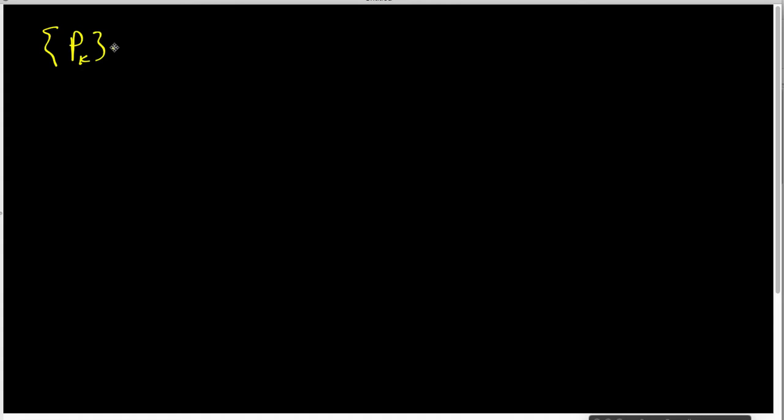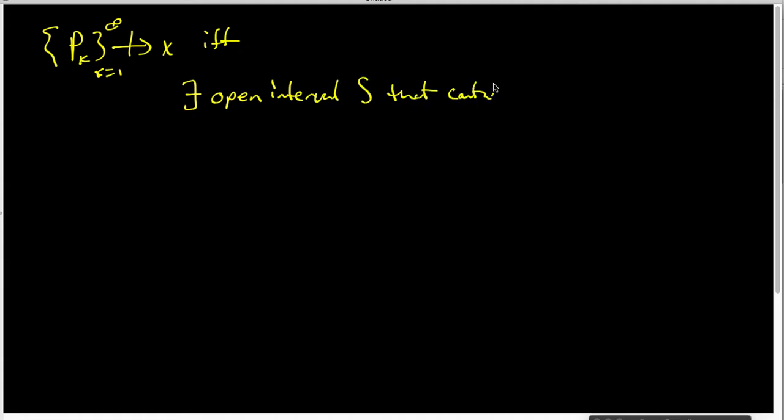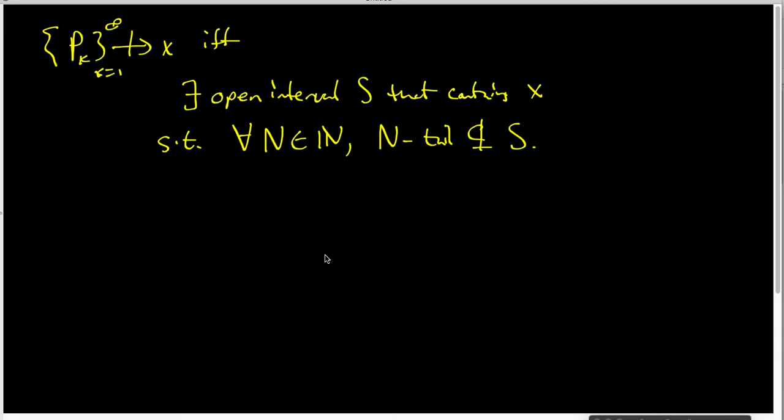So we have: the sequence does not converge to x means there exists an open interval S that contains our point x such that for every capital N inside of the natural numbers, the N-tail is not a subset of my open interval.